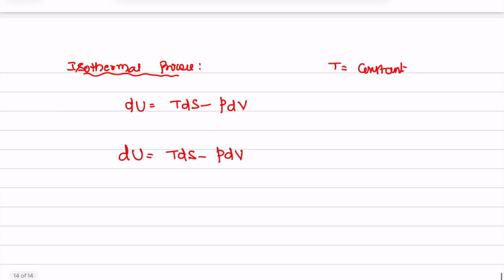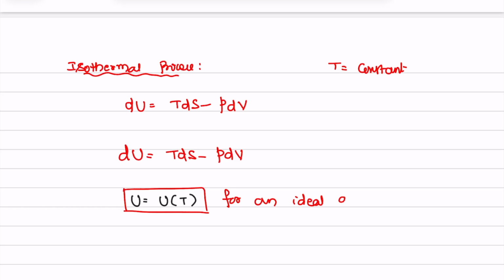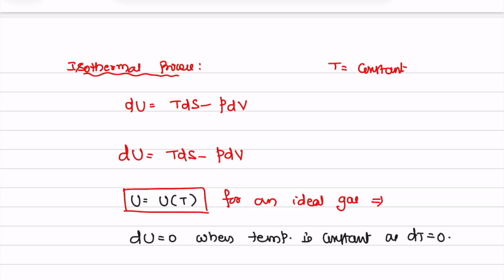For an ideal gas, internal energy is a function of temperature only, which implies that when temperature is constant, dU is equal to 0, as dT is equal to 0.